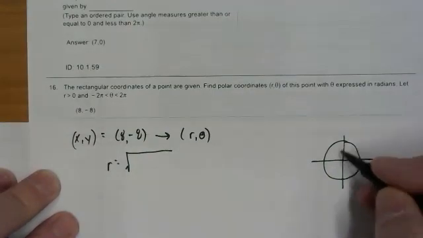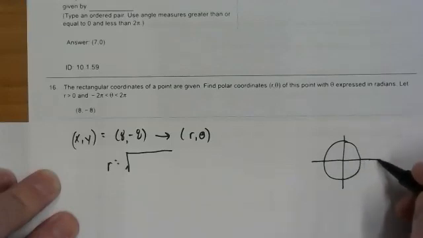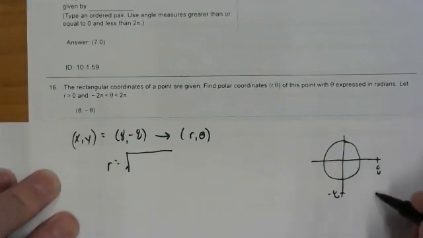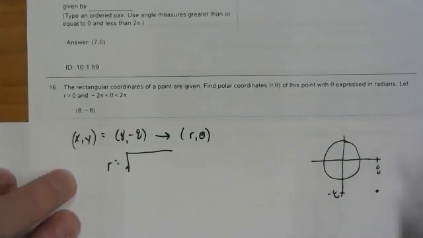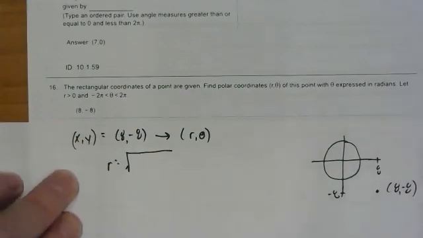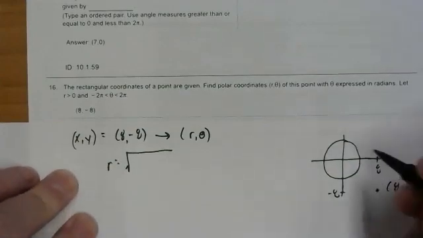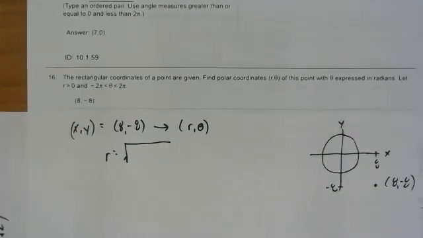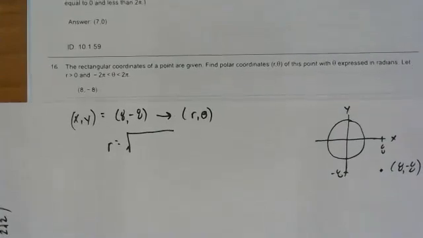I don't really need to have the circle here, but let's say 8 is here, -8. So there's 8, -8 on the XY graph.